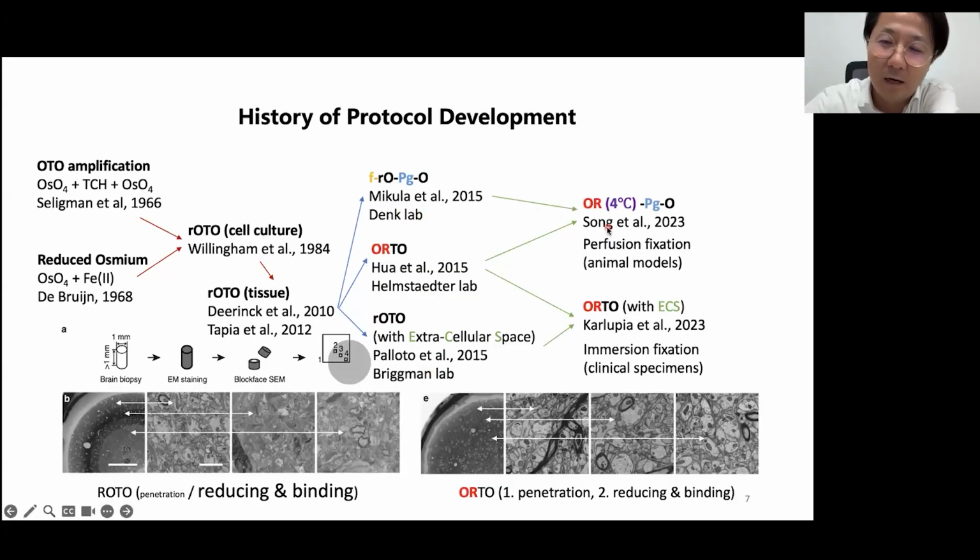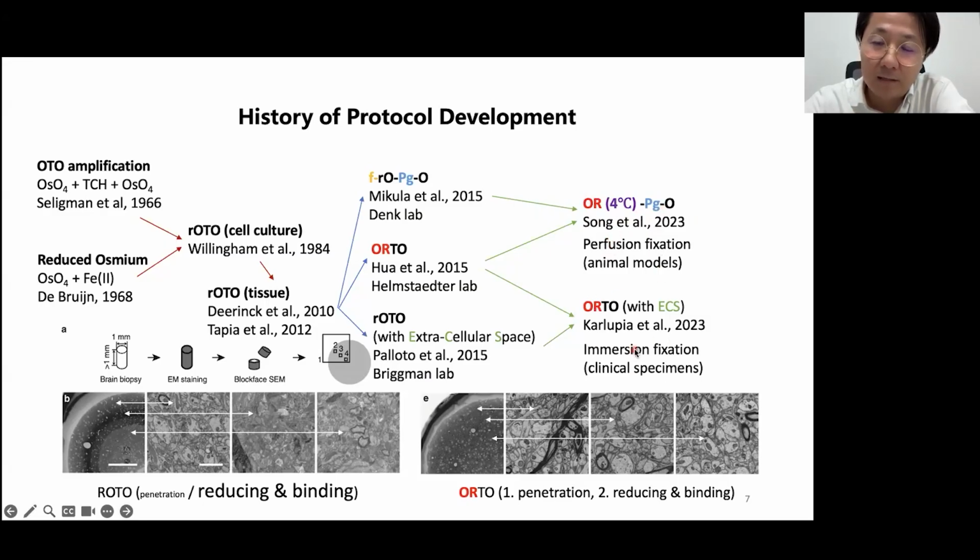For example, my colleagues in Helmstaedter's lab follow the sequential osmium and reduction protocol at lower temperature and adopt pyrrole amplification. They can even do whole mouse brain sample preparation.